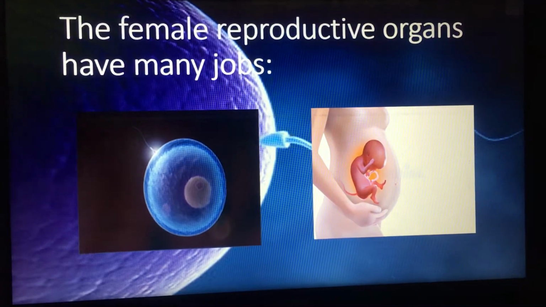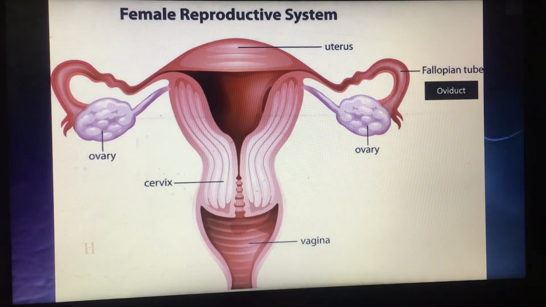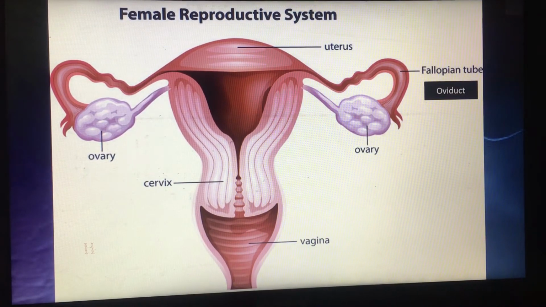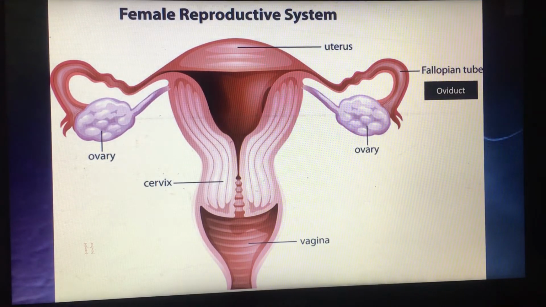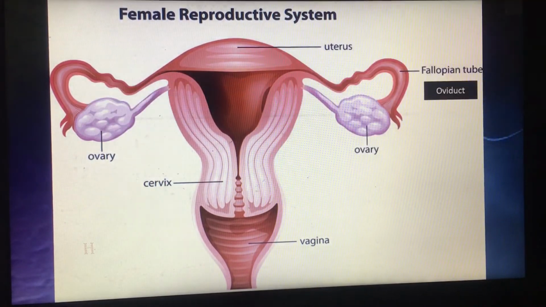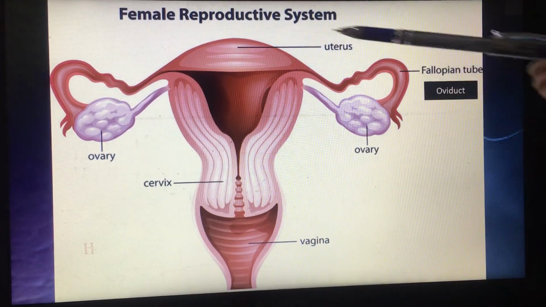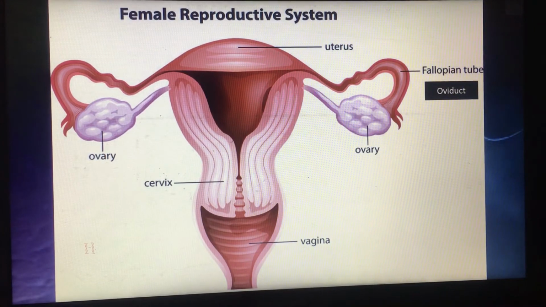Now let's explain the female reproductive parts. Actually, here we have five main parts. The first one we have is the ovary. Then we have the uterus. All this area is the uterus.